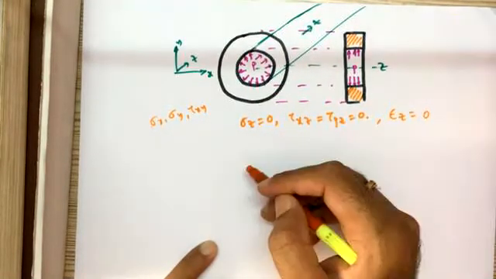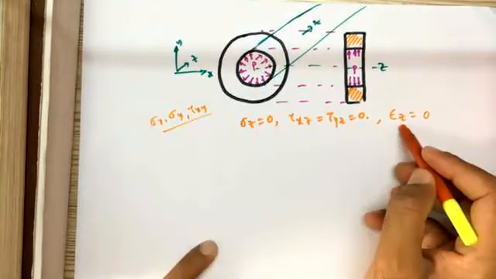Because of this there will be strain in the z direction, and the thickness is very, very small. Whatever the small change in dimension, you cannot neglect it, because the thickness is very, very small.